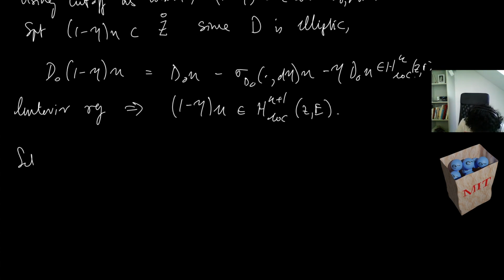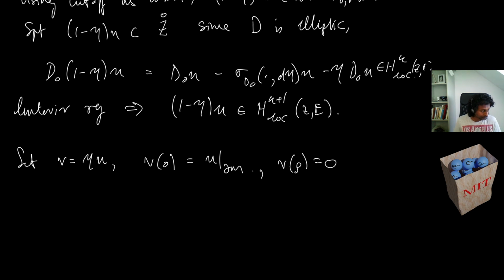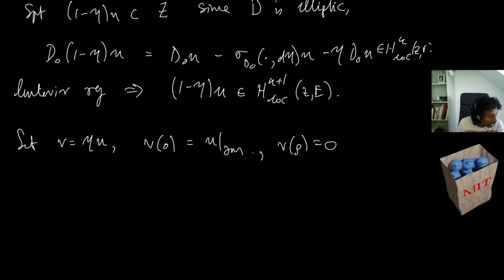So set as before v equals ηu. So we have v restricted to the boundary is equal to u restricted to the boundary, or maybe I should say v at 0 is u restricted to the boundary. That's the interesting part. And v at ρ is equal to 0. So what do we have?